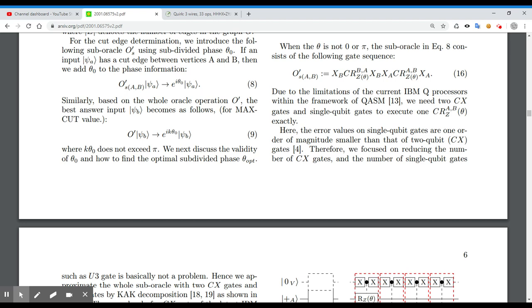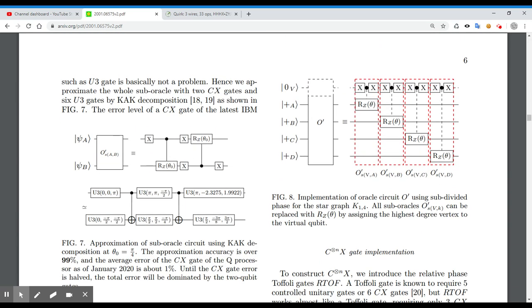But the error values on single qubit gates are one order of magnitude smaller than that of two qubit gates. So the focus is minimizing that. So I think what this is doing is basically replacing that with something that does like a Hadamard style rotation. Then it turns that into control X, and then the inverse of that, right?